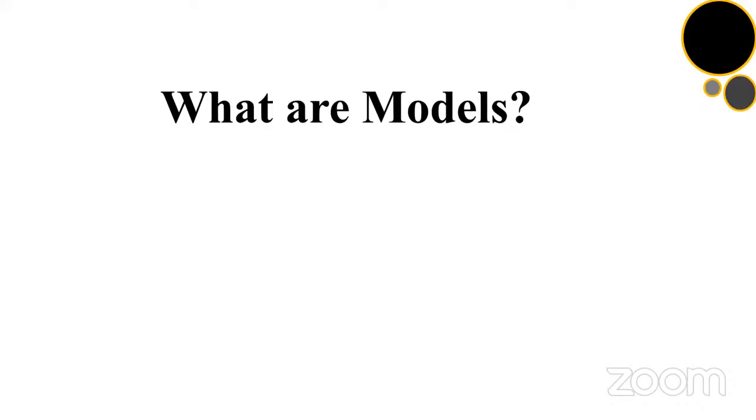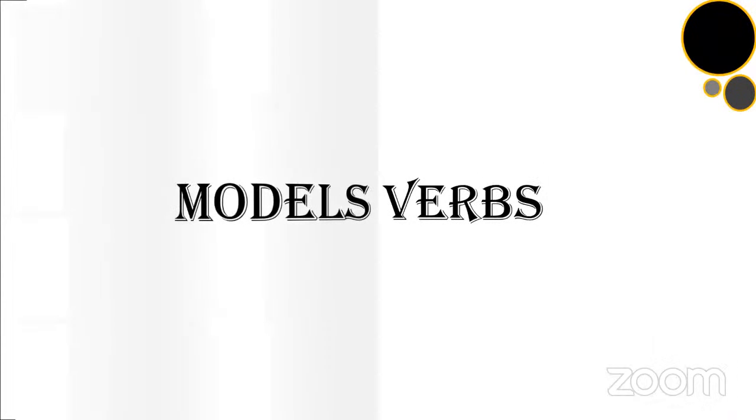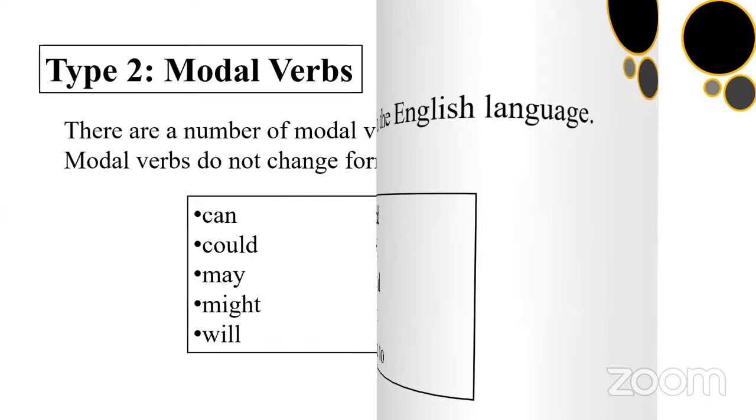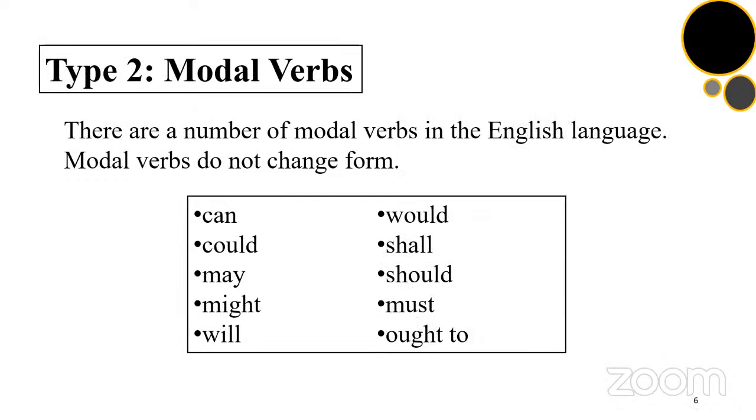Yes, can I tell you? Ma'am, in the other slide, the last example is ought to, need to, dare, used to. These are semi-modals. Ma'am, in the last example there is ought to.